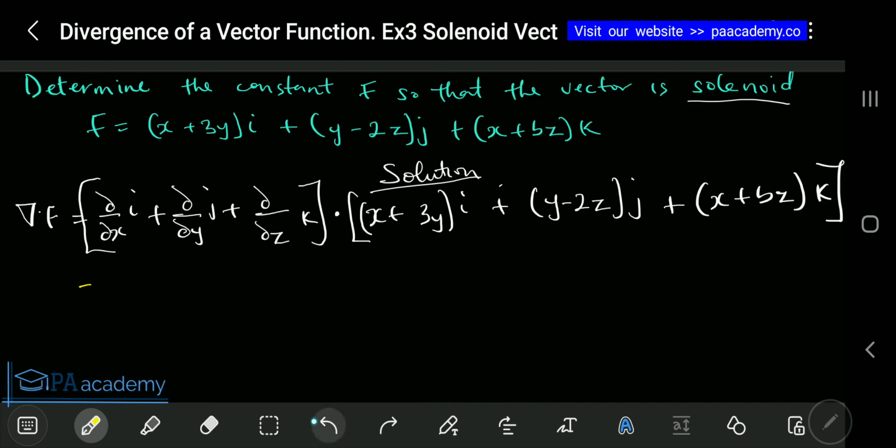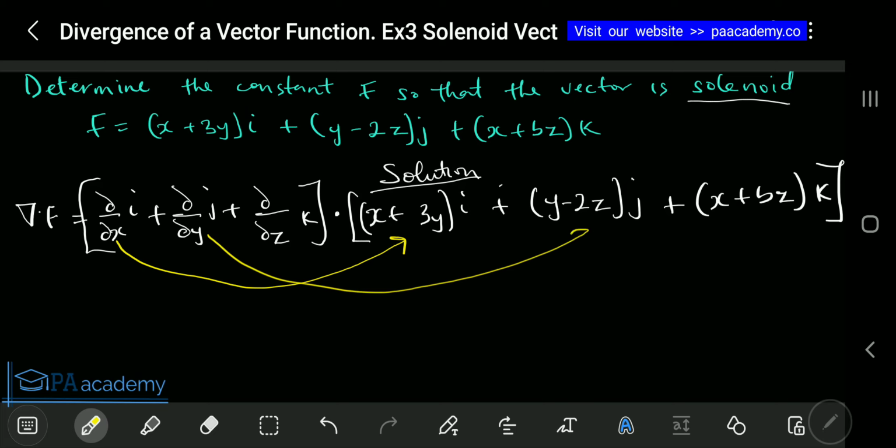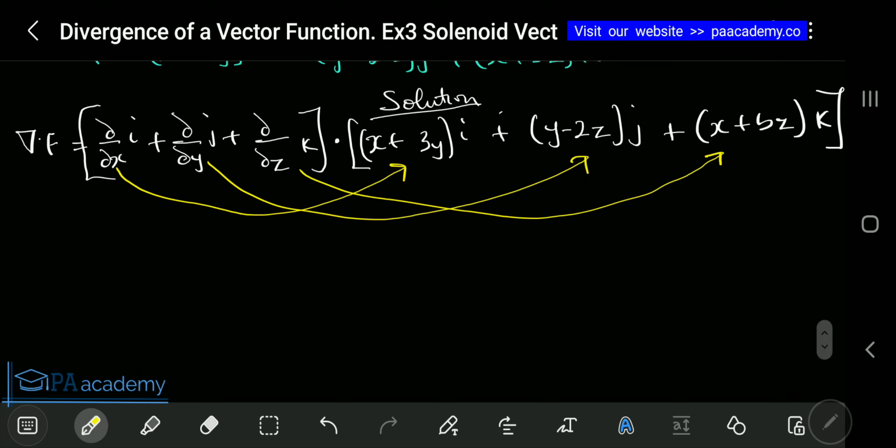So now what we are going to do is, the i coordinates will multiply the i coordinates, the j coordinates will multiply the other j coordinates, and the k will also multiply the k coordinates. So with that we are going to have the partial derivative with respect to x multiplying x + 3y. I'm writing out everything so that I don't miss any step and get confused.